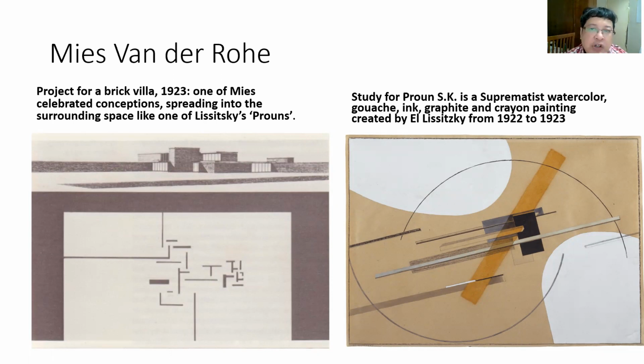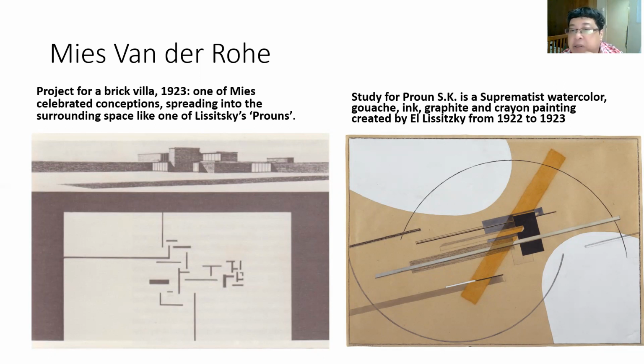And even from Russia, there were some of the tutors at the Bauhaus, such as Lissitzky, who influenced Mies van der Rohe, and he had a design of a project for a brick villa in 1923 that was influenced by Lissitzky's Proun.